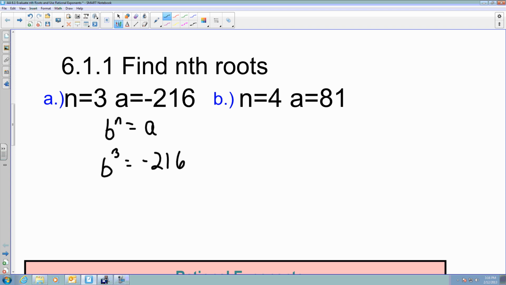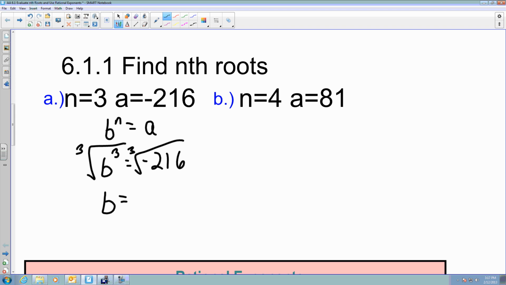Using the assumption that b equals the nth root of a, if this is b cubed, I have to take the third root to get my b.